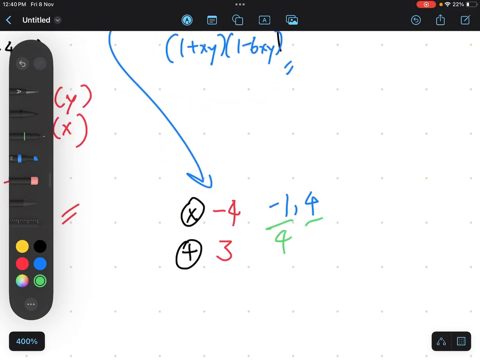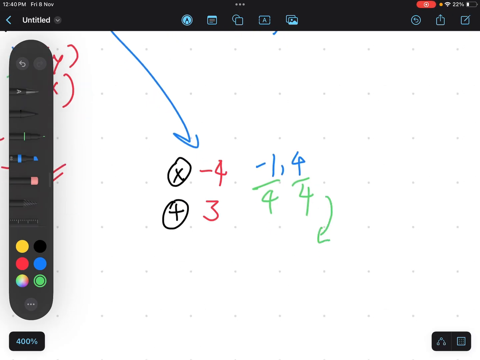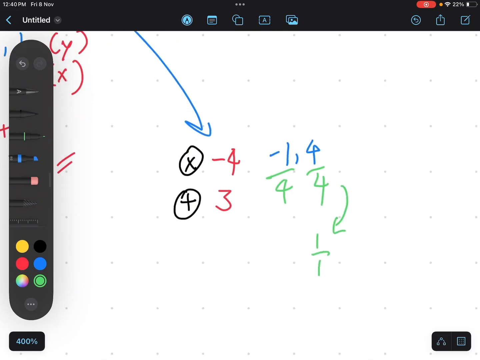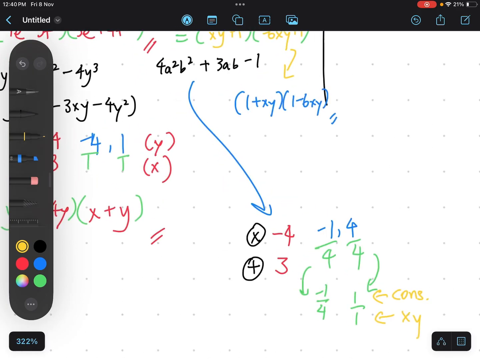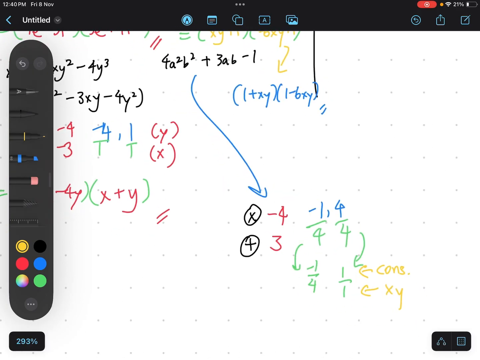So divide by 4. This is simplifiable, or can be simplified. And remember that the bottom will just remain the same. So the bottom is xy, the top is just a constant. So then 4a squared b squared plus 3ab minus 1, that will be in the brackets form. Here 4xy, but here is ab, so 4ab minus 1, and then ab plus 1.